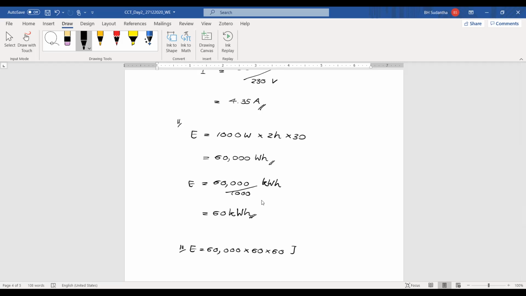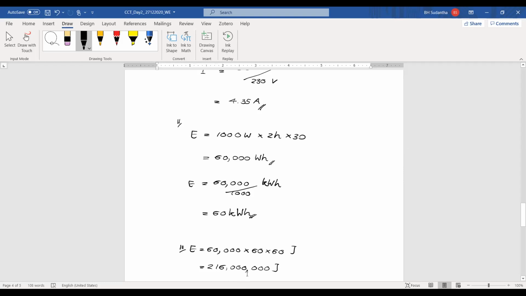Then this is so many joules. You can see that for joules, huge figures are coming.